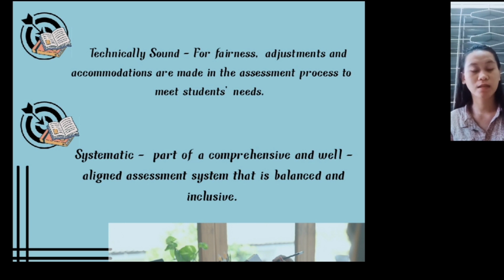And for the last characteristic, we have systematic. It is a part of a comprehensive and well-aligned assessment system that is balanced and inclusive.